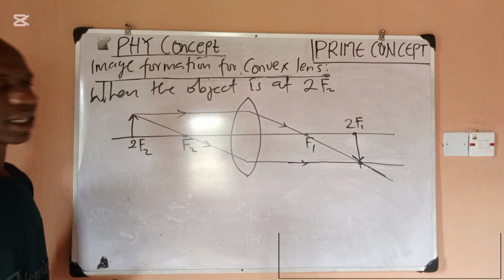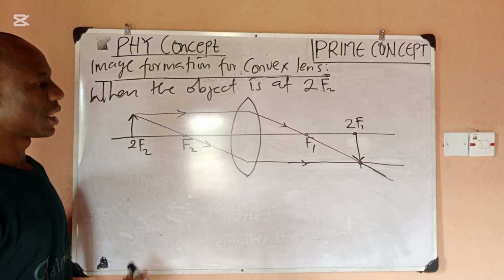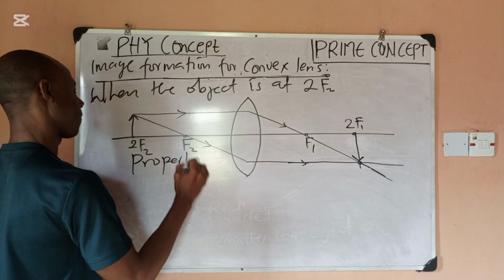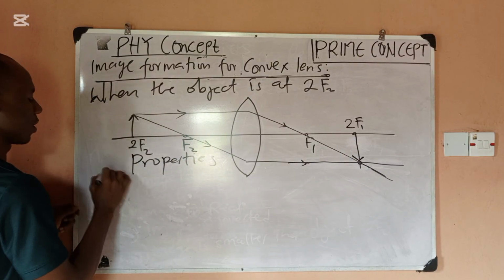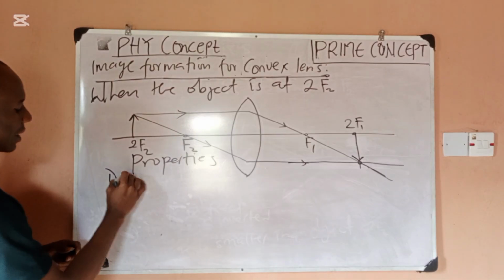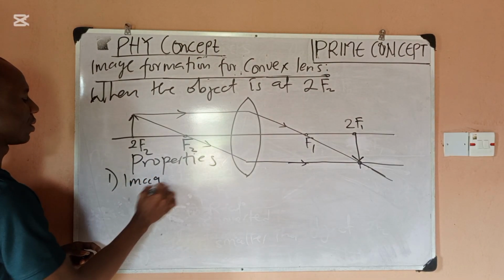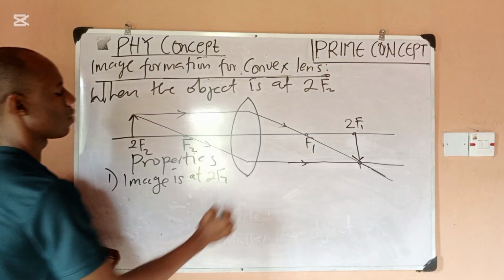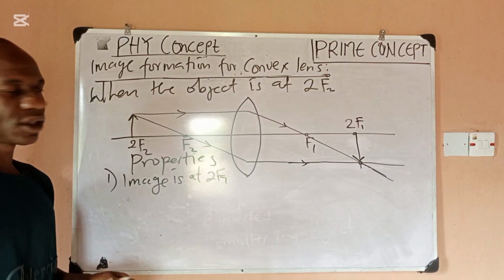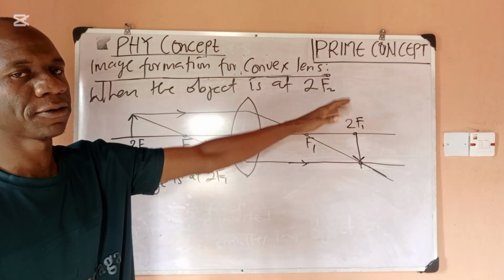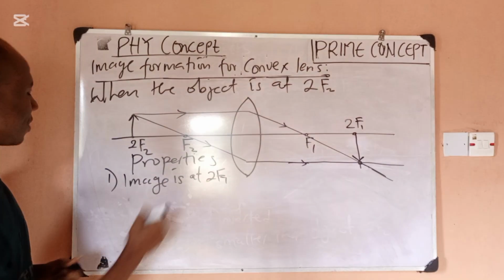Now, what are the properties of this image that is formed? Number one property is that our image is at 2f1. So our image is formed at 2f1, or we can say our image is formed at 2f. That is one thing we can see from the diagram.